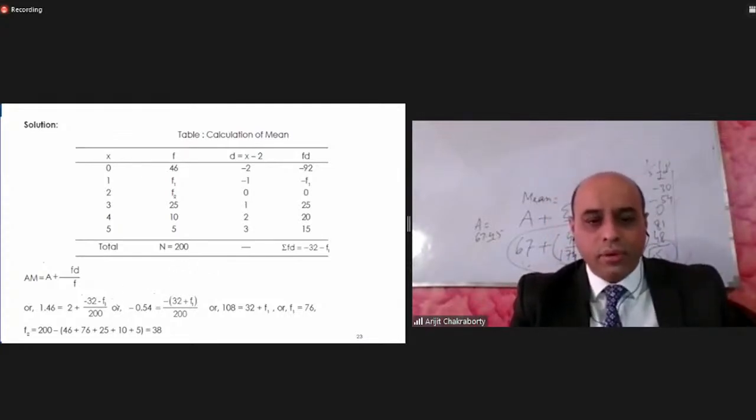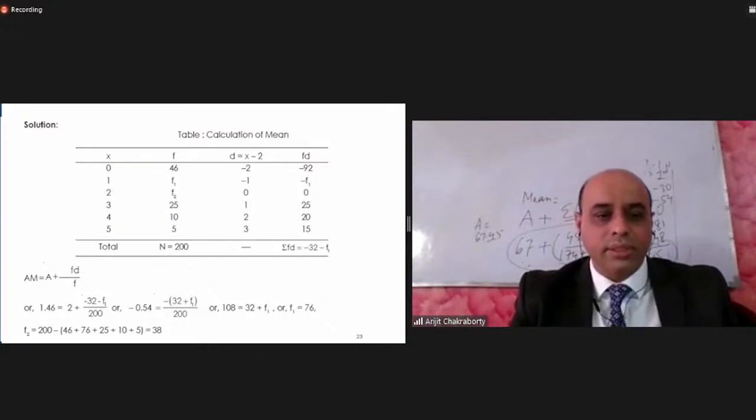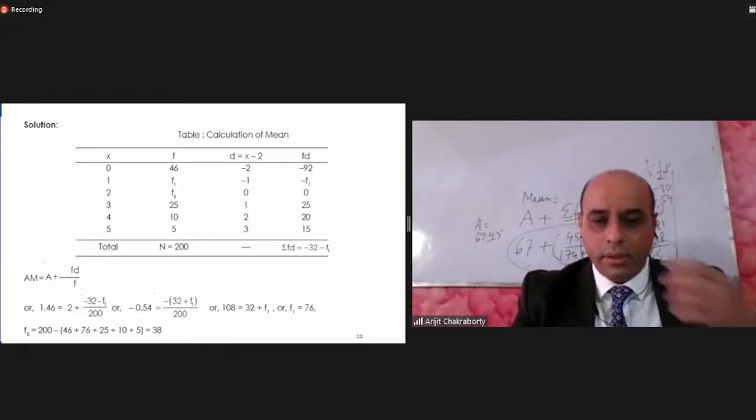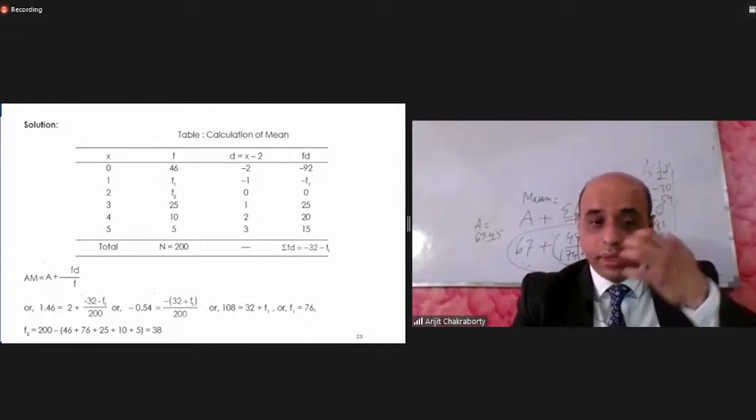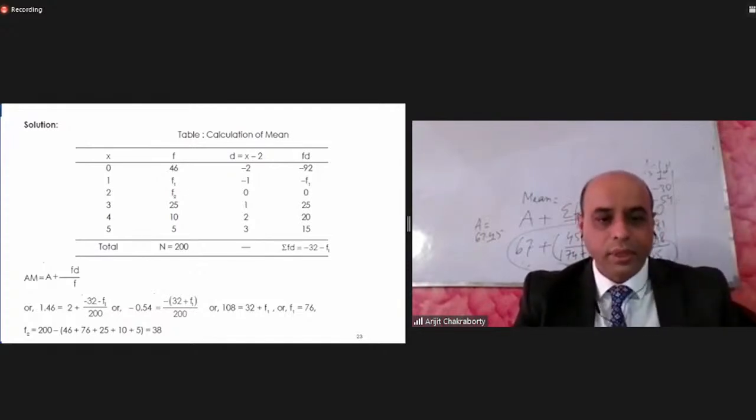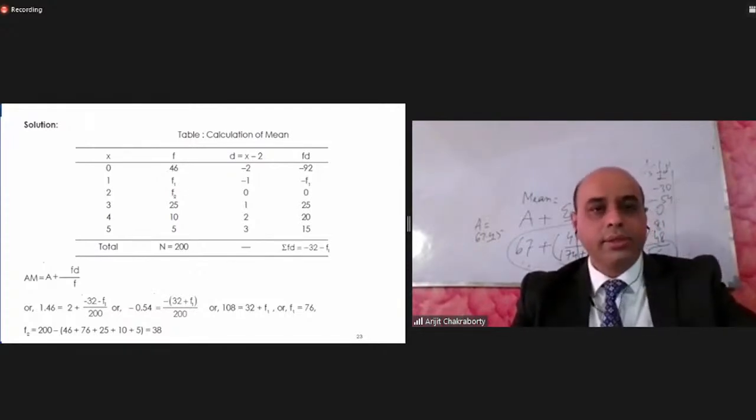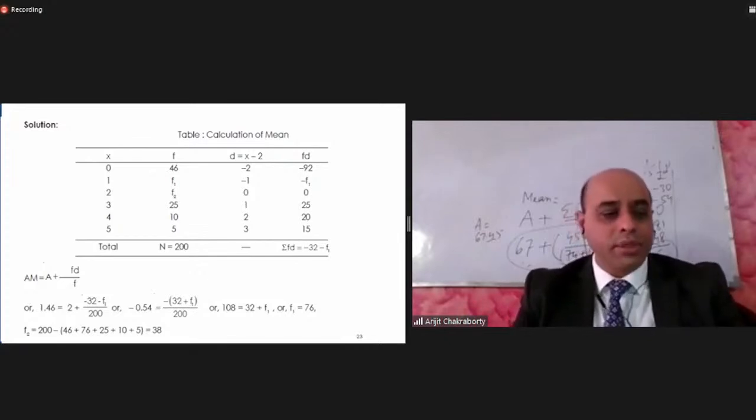Solving this equation, we arrive at F1 equal to 76. Once you have the value of F1, we can easily get the value of F2 from the total frequency, so it comes to 38. In this way, we can handle two missing frequencies.